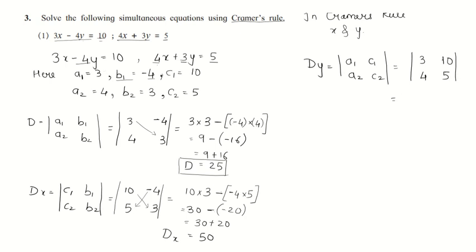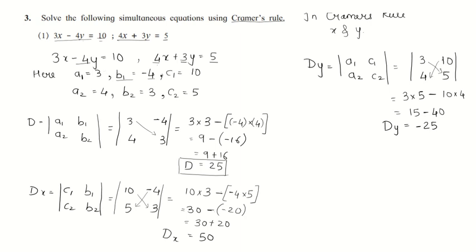Solving this, 3 into 5 minus 10 into 4 is equal to 15, minus 10 into 4 is 40. So answer is 40 minus 15 is 25. Sign of the bigger number minus 25. So dy is minus 25.